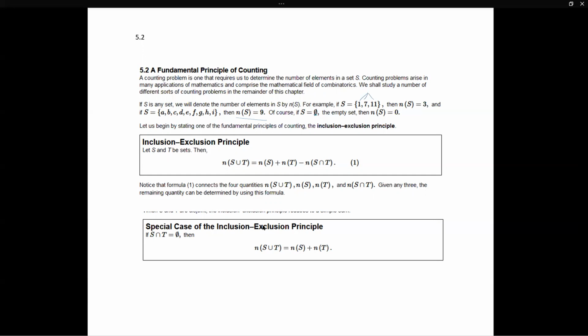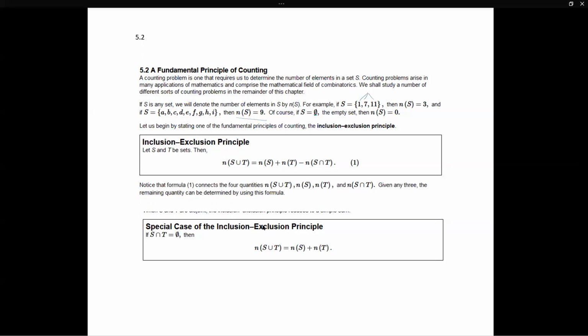You can easily do an example on this: one set has 1, 7, 11, one set has 1, 7, 10, 12, 13, and you count, see how many are in the intersection, and you subtract. So notice that this connects the union with the intersection and the number of elements in each one.